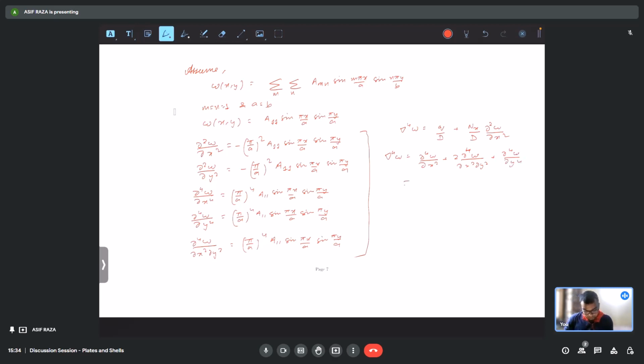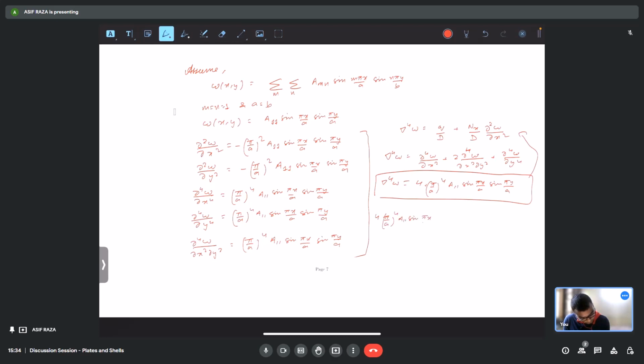So this will be equal to 2 plus 2 plus 2, 4 times pi by a to the power 4 a11 sin pi x by a sin pi y by a. Substitute this in the equation there. We'll get 4 pi to the power 4 a11 sin pi x by a sin pi y by a.